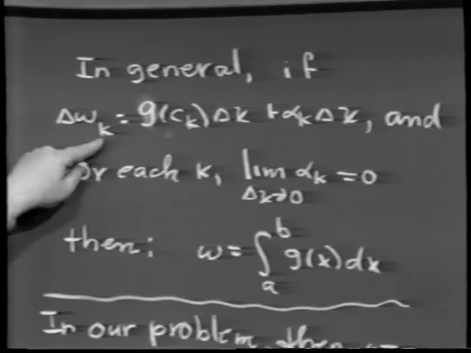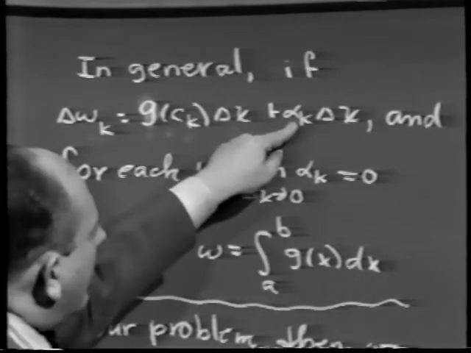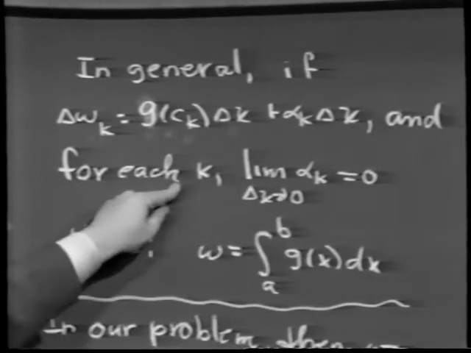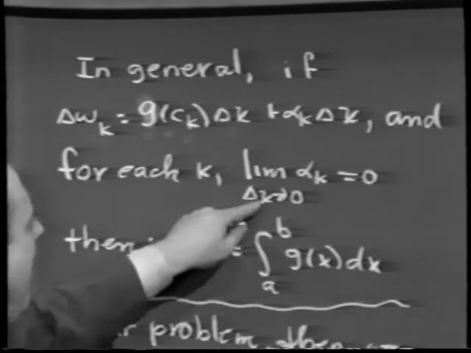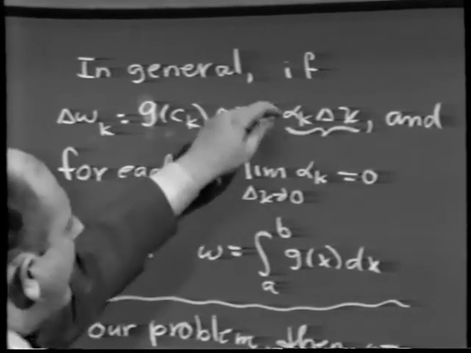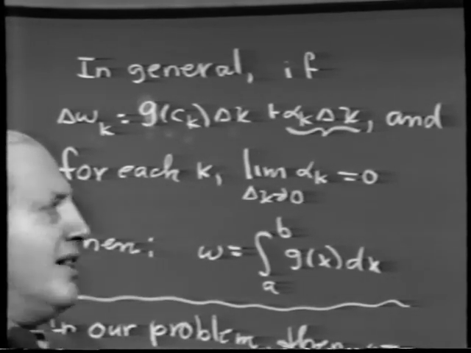If delta w sub k is g of c sub k times delta x plus the correction factor alpha k times delta x, and for each k, the limit of alpha k as delta x approaches 0 is 0, in other words, what we're saying is that alpha sub k times delta x must be a higher order infinitesimal.